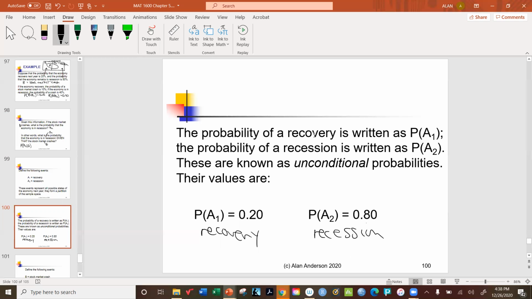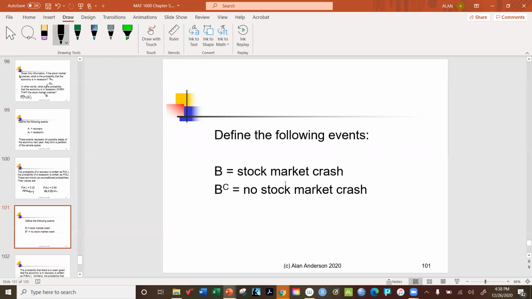We know these are the unconditional probabilities. And by the way, because these represent a partition, the two have to add up to 1 because they represent the entire sample space. B is the event of a stock market crash. B complement would mean no crash.